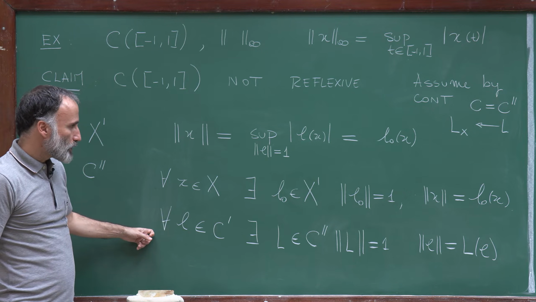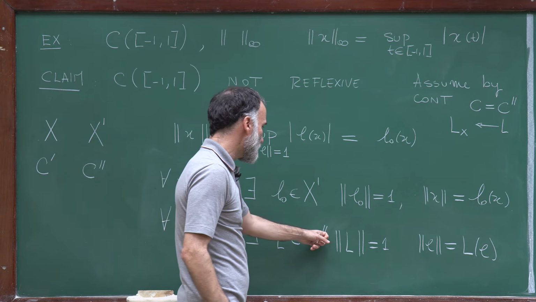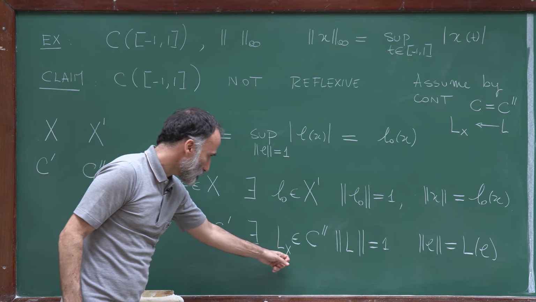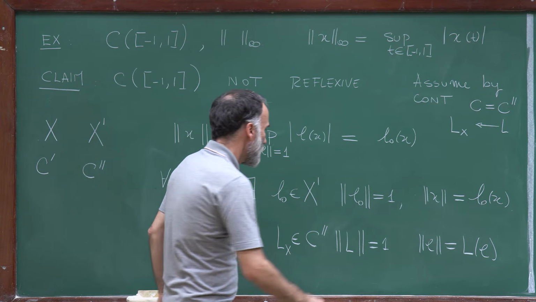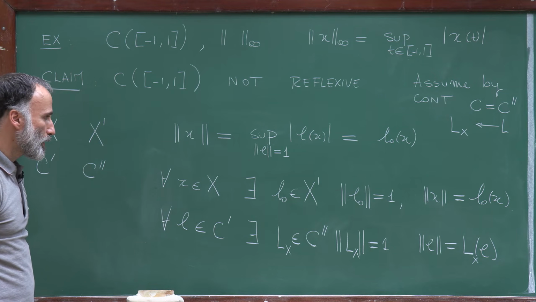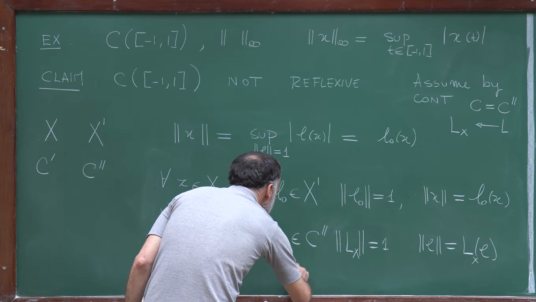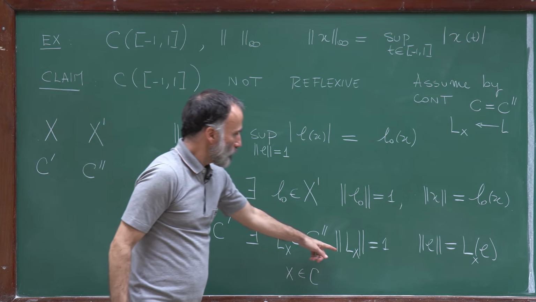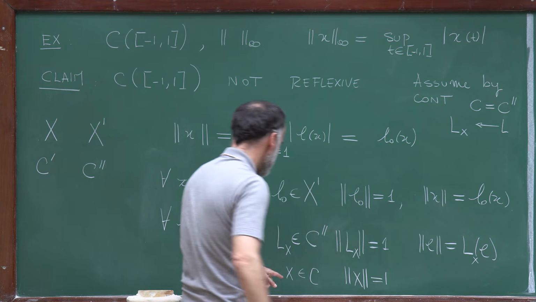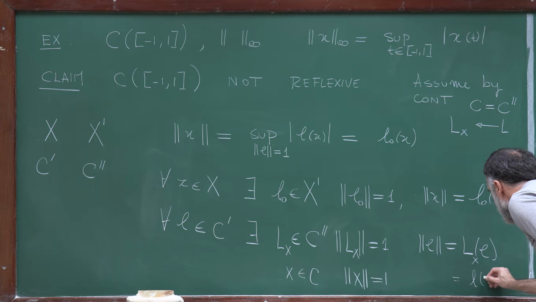So in this case, the statement would state that for whatever bounded linear functional L, I can find one element in C double prime, and since C double prime coincides with C, I can find Lx whose norm is equal to 1 and such that the norm of L is equal to Lx of L. But to say that we can find Lx in C double prime is the same as saying we can find x in C. We've seen that the norm of Lx is equal to the norm of x, so this means that x has norm equal to 1. And Lx of L is L of x.